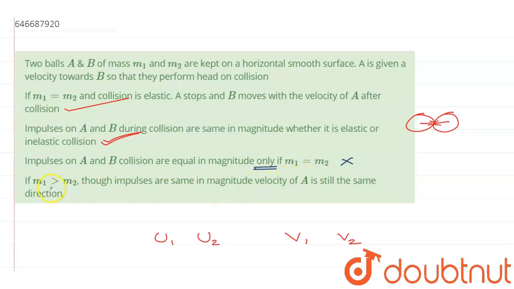And the final one: if m1 is greater than m2, though impulses are same in magnitude, velocity of A is still the same direction.